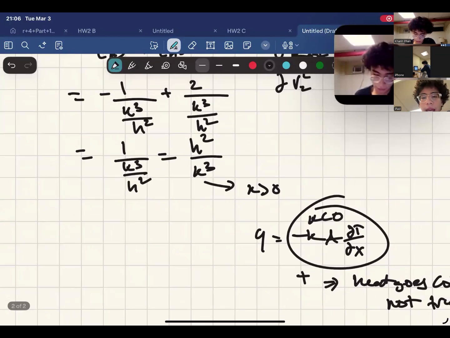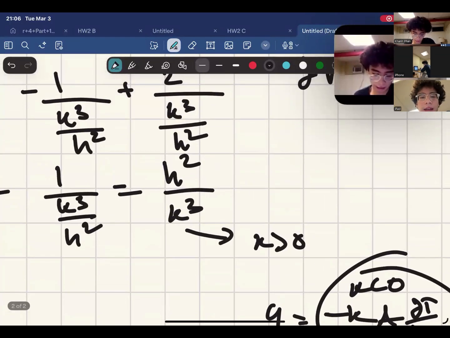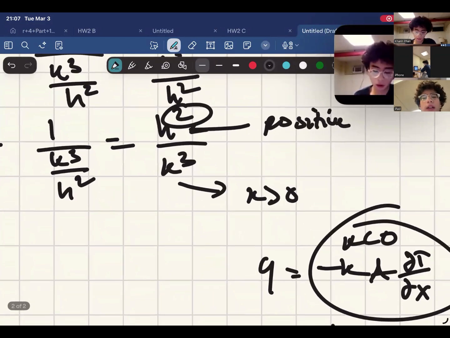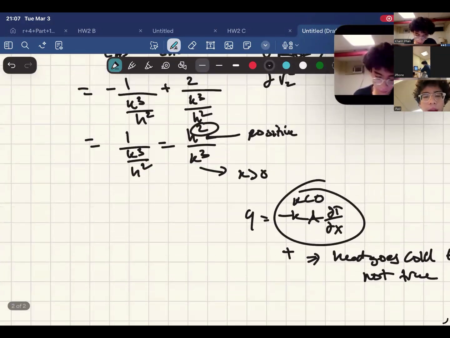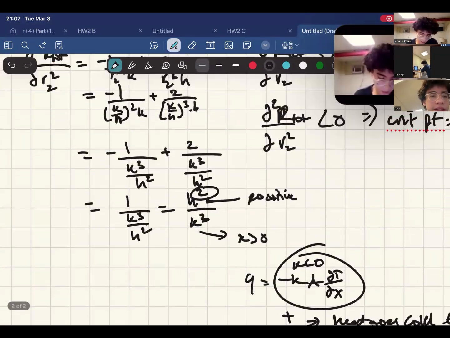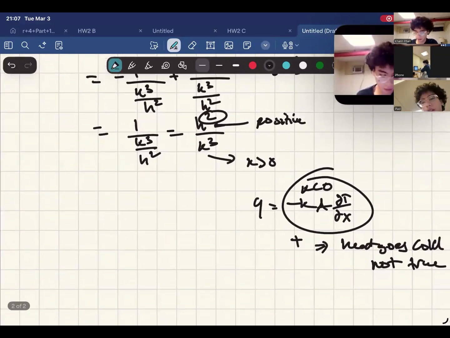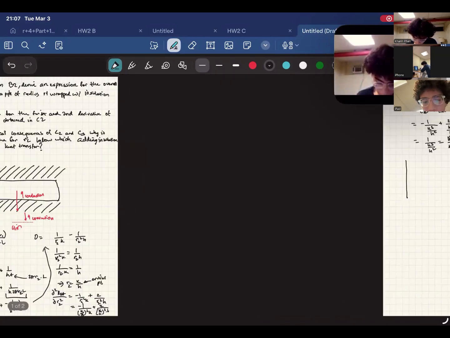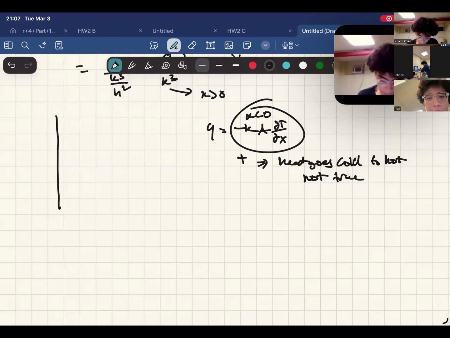So we know K is always positive, and H is also positive. But regardless, since there's a square, they're all going to be positive anyway. So we know that the second derivative of total resistance with respect to change of radius 2 is positive. So that point R2 is going to be the minimum.